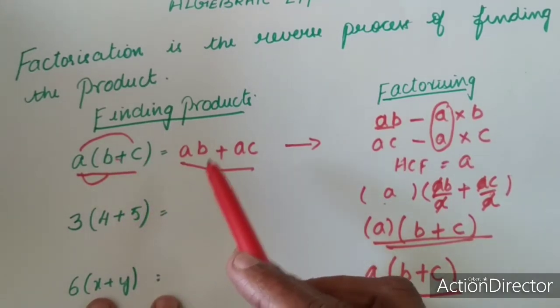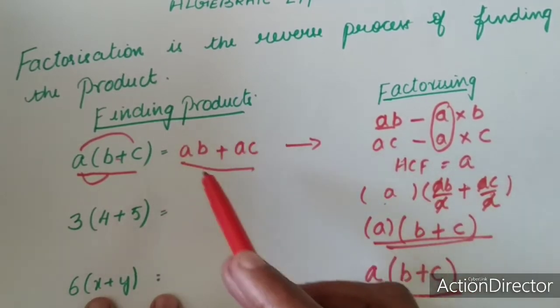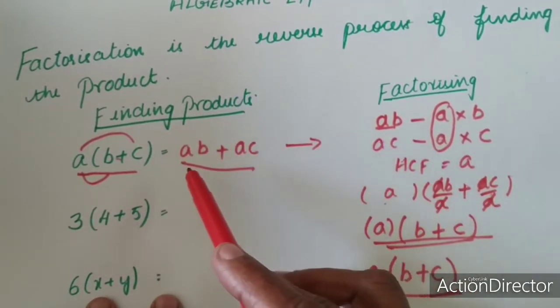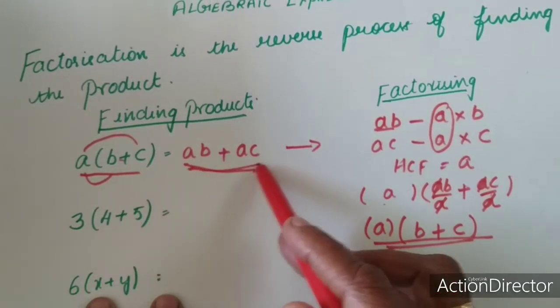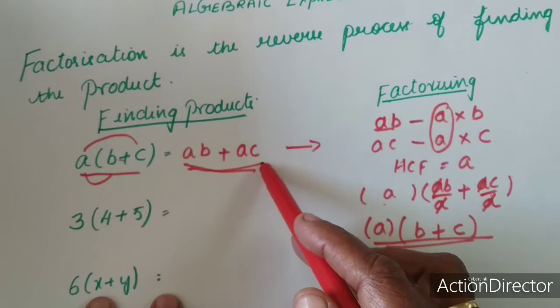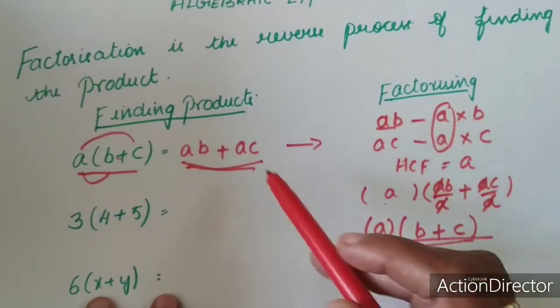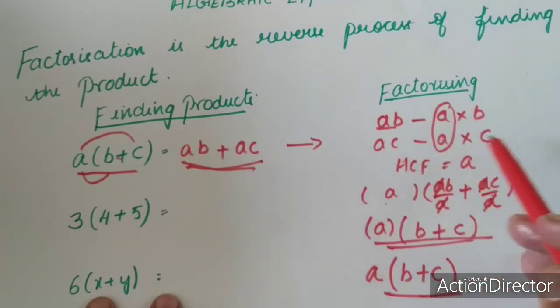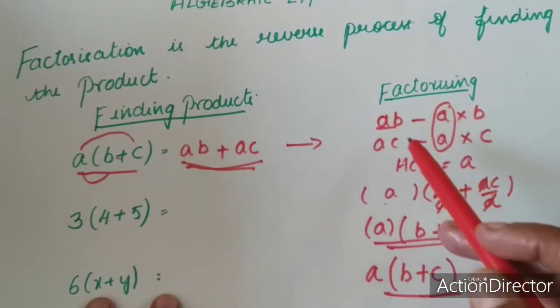For finding that, first we have to find the HCF of the terms given in the question. Since you have only two terms here, we group the two terms. So AB is written as A into B and AC is written as A into C. Now I find the highest common factor of these two terms.